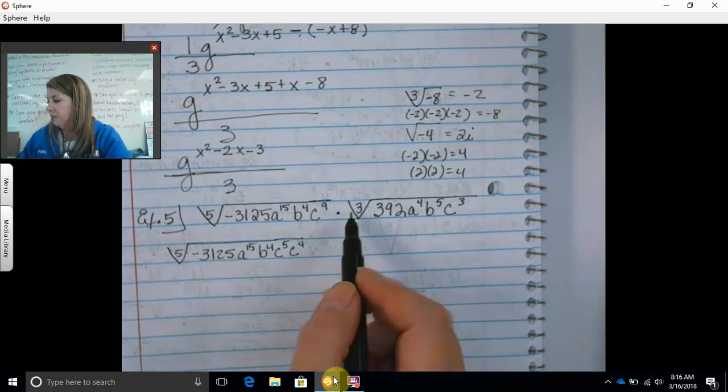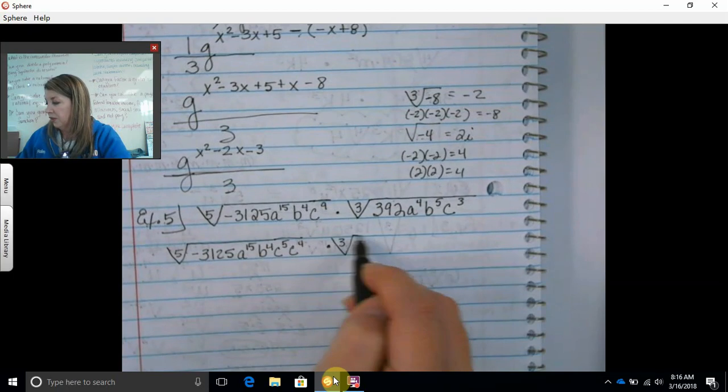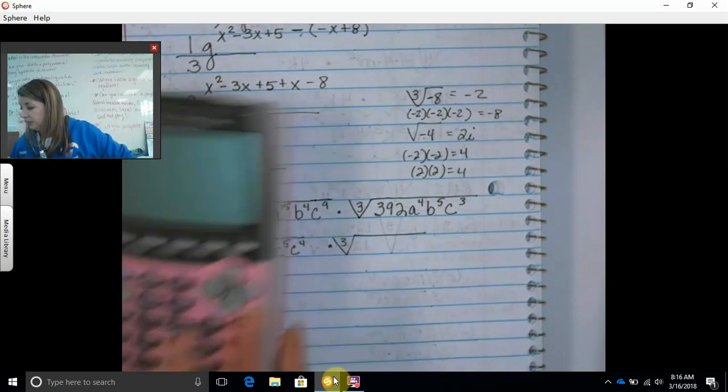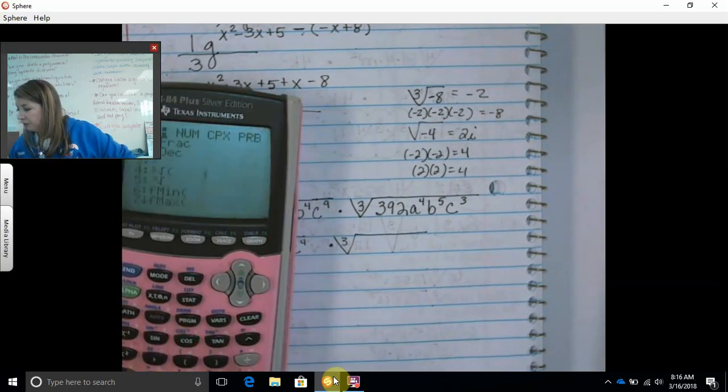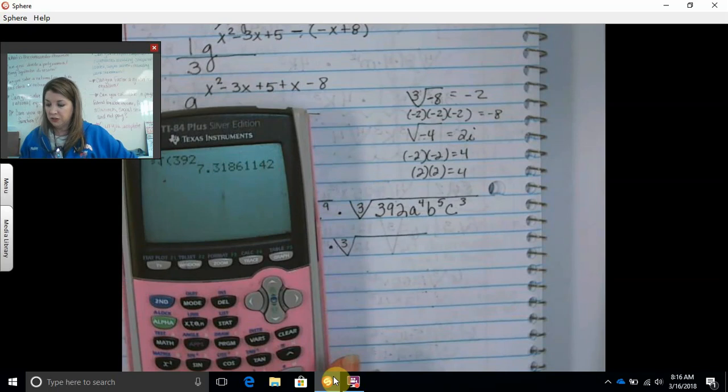Let me just go ahead and simplify this one over here too. 392. I don't know if it's a perfect cube, but I can do a factor tree or I can check my calculator. So math, option 4, 392. Not a perfect cube. So I'll do a factor tree on that.